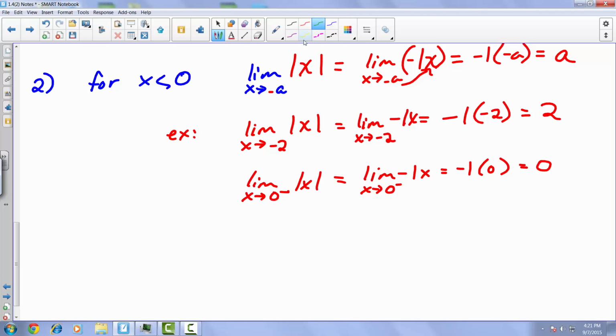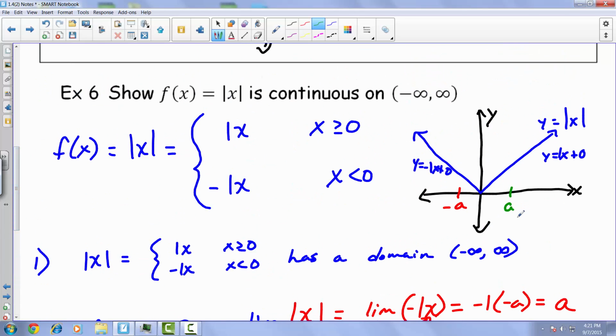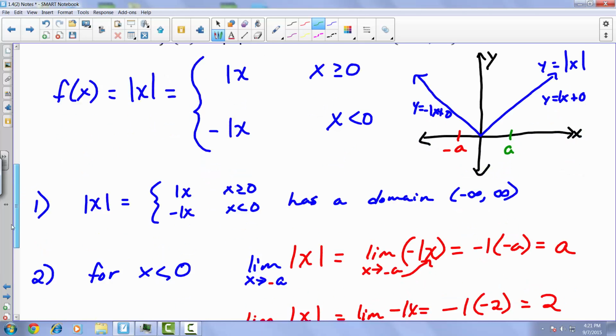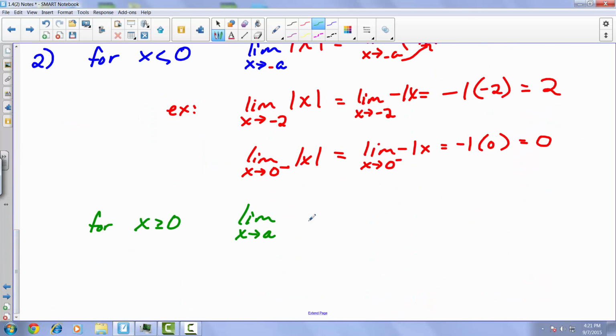Now let's look at things that are larger than or equal to 0. So for x's being larger than or equal to 0, then we have the limit as x goes to, in this case, any positive a value, because again, we are on the right side of our piecewise function, dealing with x's that are all positive, of the absolute value of x is equal to the limit as x approaches some a value.